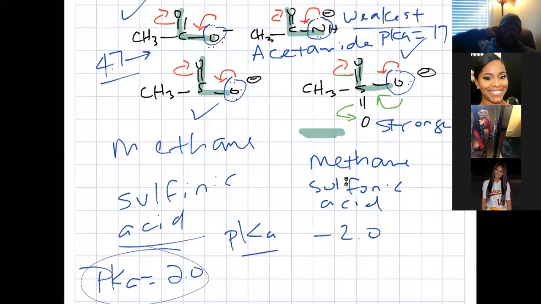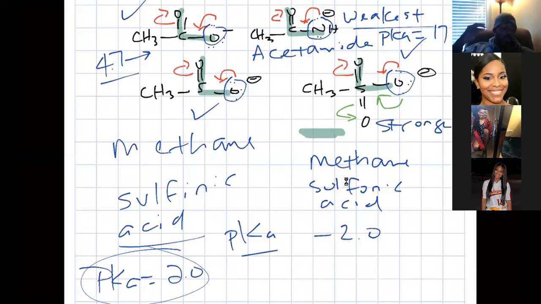Right, and again, you can think about that sulfur because of the size of it. It also helps to delocalize that charge, even though you're also delocalizing it through resonance. So that's probably why you see the sulfonic acids have much lower pKa's than the carbon-containing acid, like acetic acid, right?